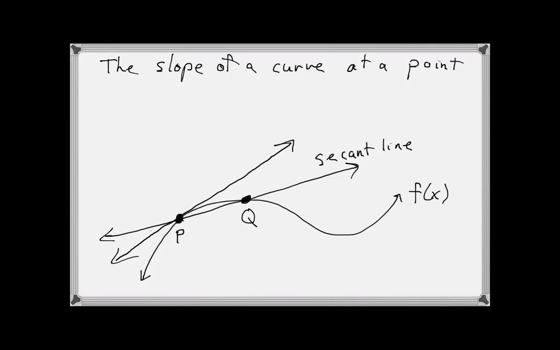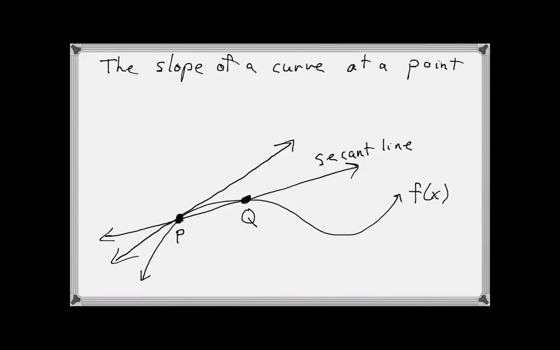Consider this secant line passing through the point P and a nearby point Q. If Q is very close to P, then the slope of this secant line will be a very good approximation for the slope of the tangent line. We will assume that we know the coordinates for both points P and Q. Therefore, we can use our slope formula to find the slope of this secant line.